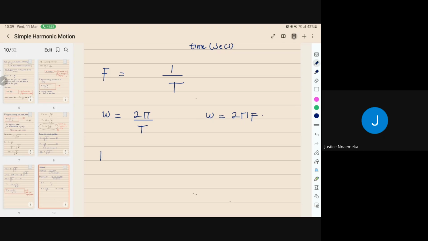And then remember that your period T is equal to 2 pi square root of L over g. This one has to do with your pendulum.